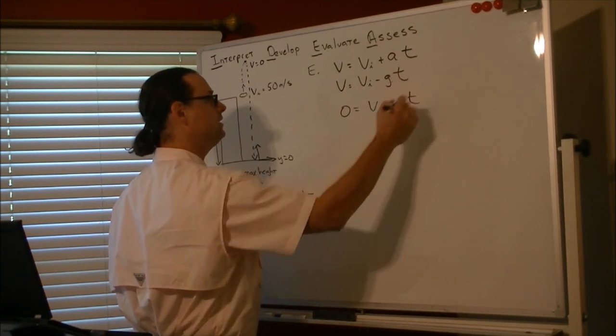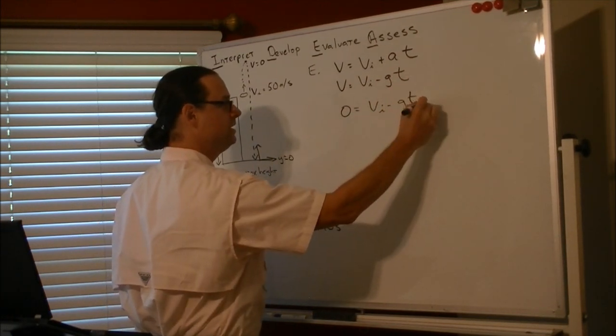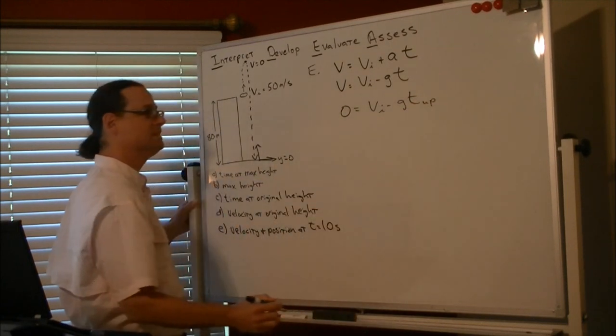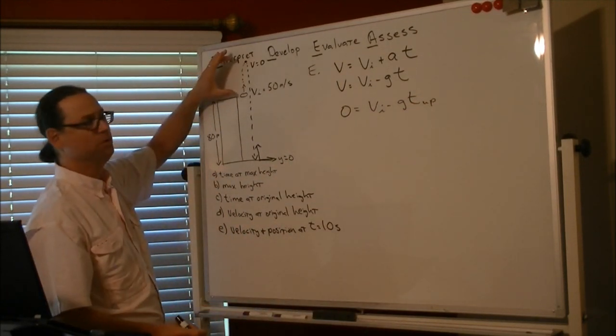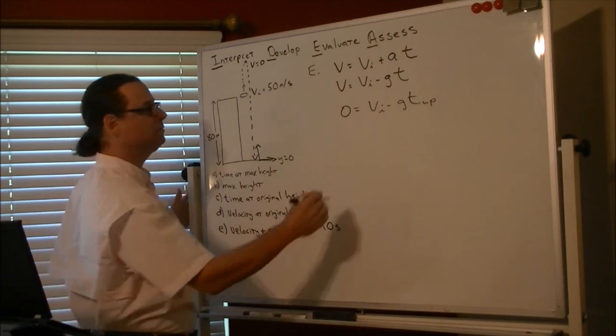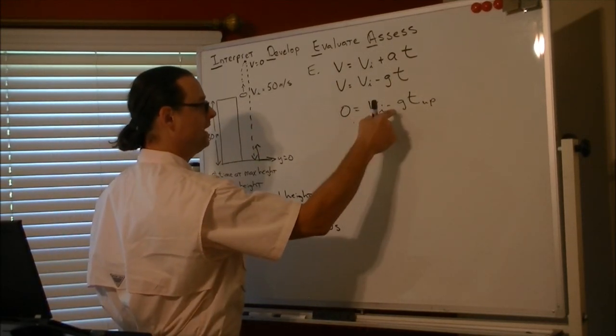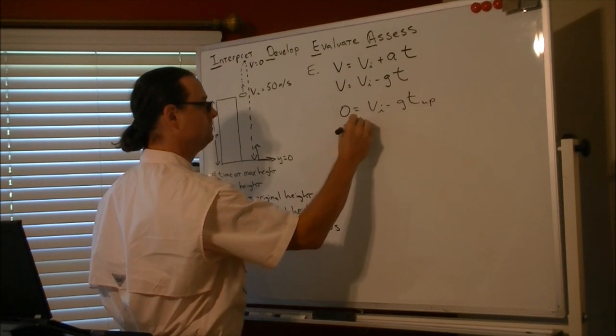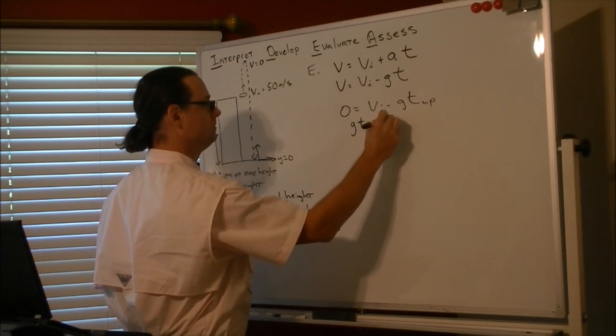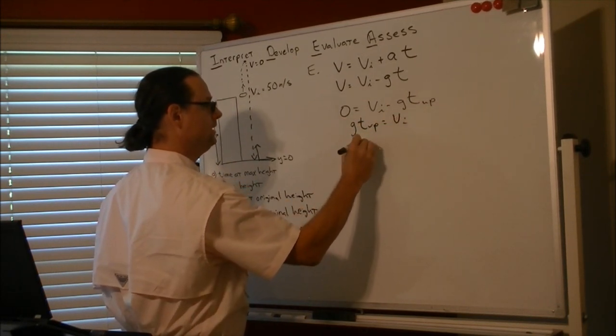And let's call this, now that we substituted in 0, the up time. This is the time that the stone is traveling upward to reach the maximum height. So now we can solve it, add gt to both sides, solve for t up.